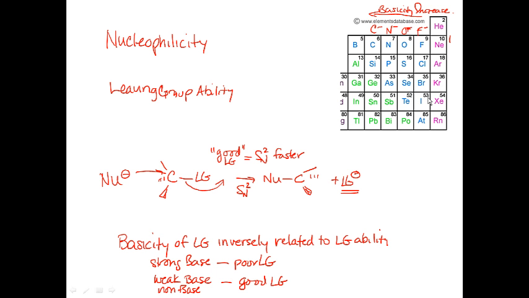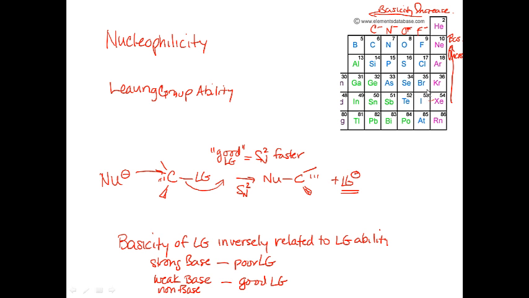So as we go up from iodine to fluorine, there your basicity increases from bottom to top. So F minus then is a stronger base than Cl, which is stronger than Br, which is stronger than I.